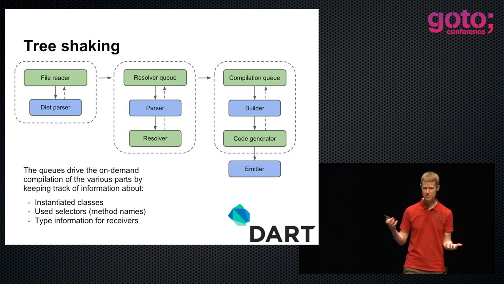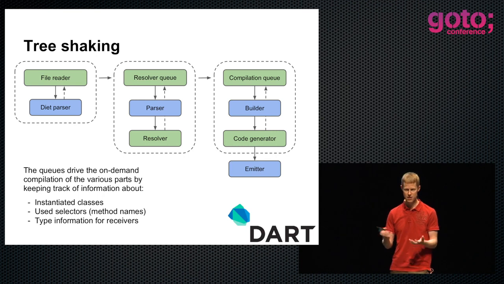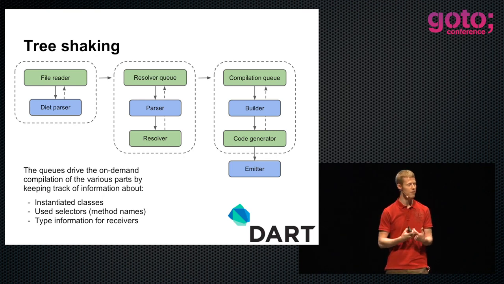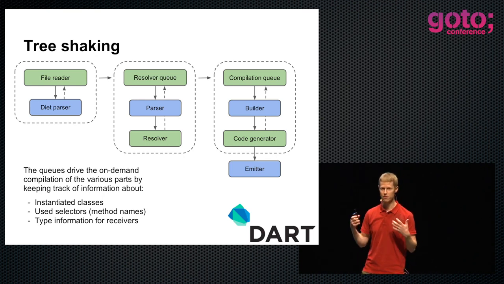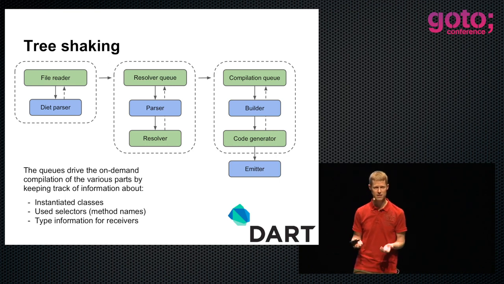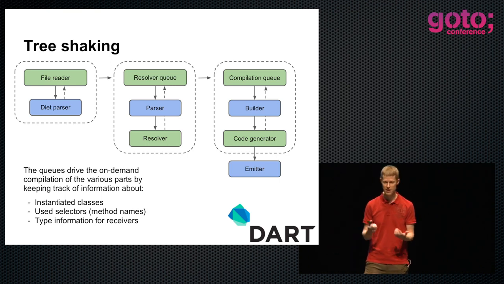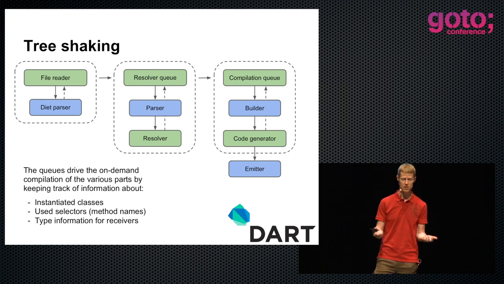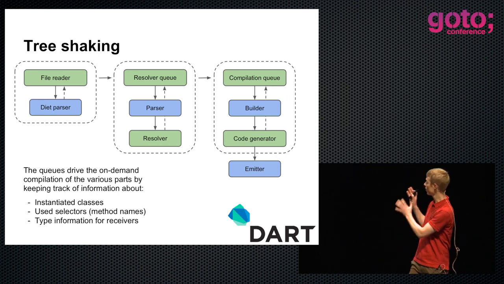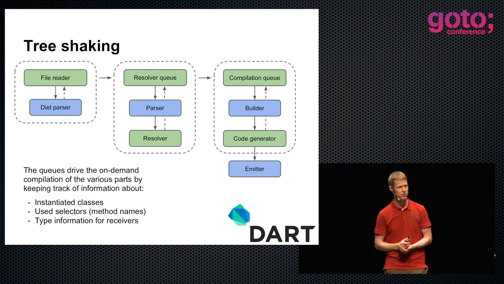Because you don't have a full type system in a system like Dart, it's a sort of conservative approach here. So if you see a call to a method called foo on something you don't really know what is, you just have to make sure that you put in all the foo methods that could potentially be called. So this is an approximation of the set of things that you need. It turns out it actually works pretty well.